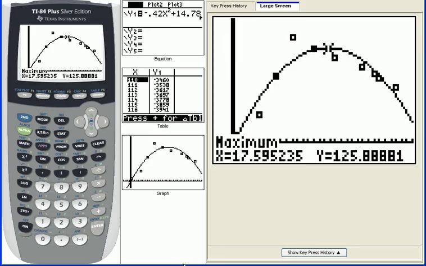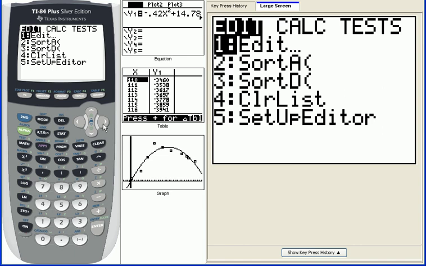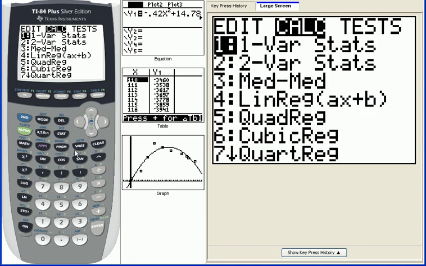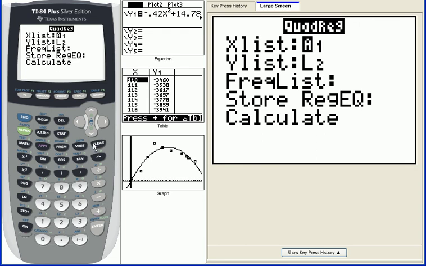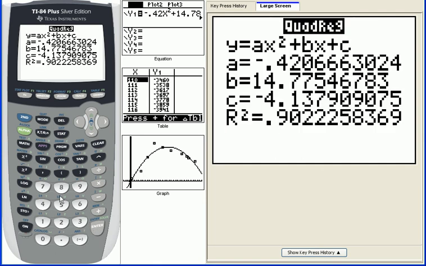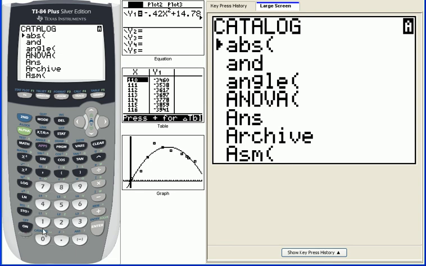So let's go back to your calculator. Go to stat, go over to calc, and you choose 5 for quadratic, calculate, and everybody's diagnostics should be on. If your diagnostics are not on, you might have to hit second and then 0 and then go down until you find diagnostics and turn them on.